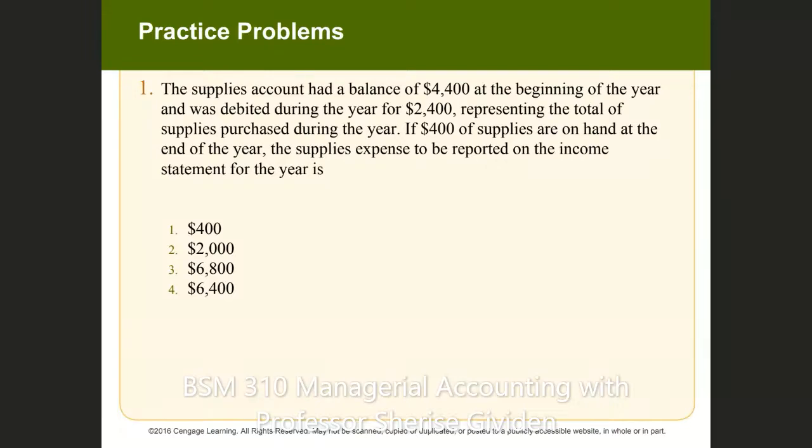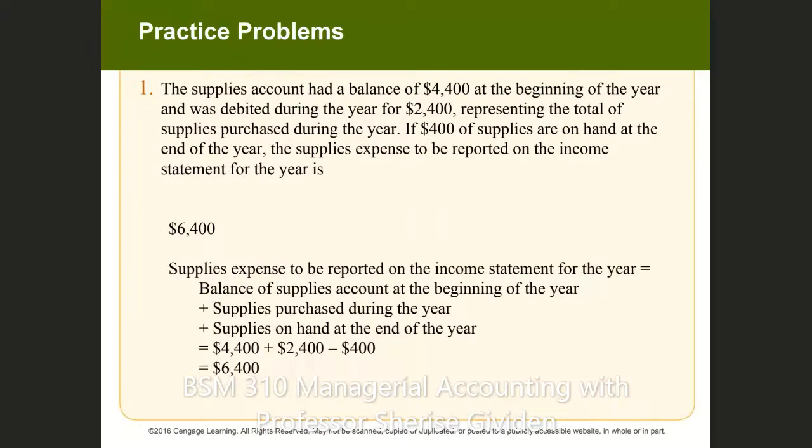What is the expense to be reported on the income statement for the year? If we have 400 left, I'm going to say 4,000, yeah, 6,400. The 4,000 plus the 2,400, that's how much you have to spend on supplies. Supplies is an asset account, right?